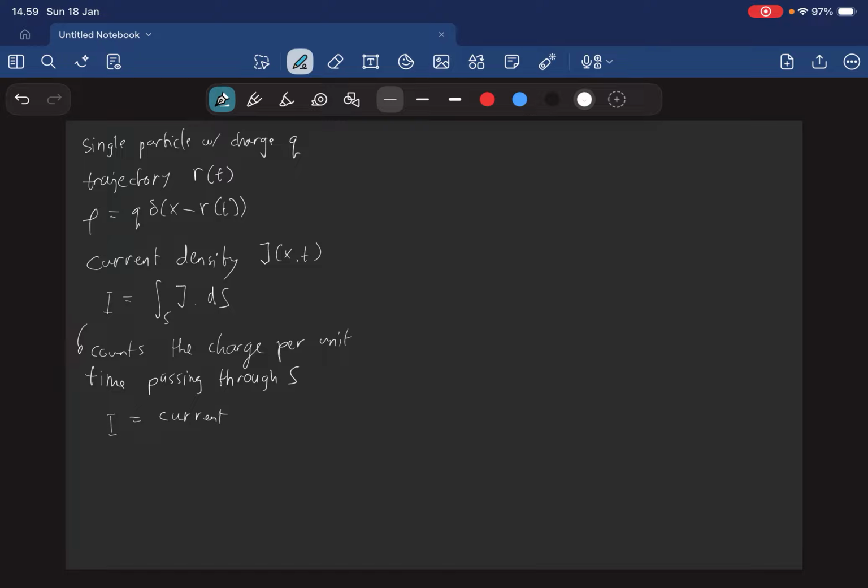The above is a rather indirect definition of the current density. To get a more intuitive picture, consider a continuous charge distribution in which the velocity of a small volume at point x is given by v of x and t. So this is the velocity.